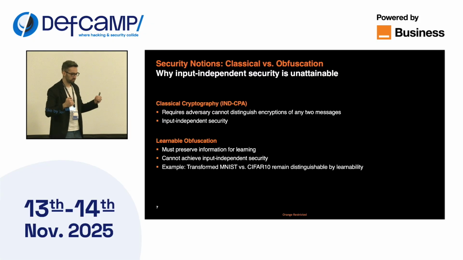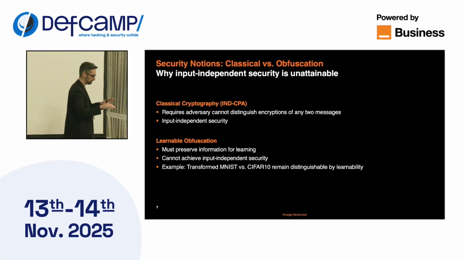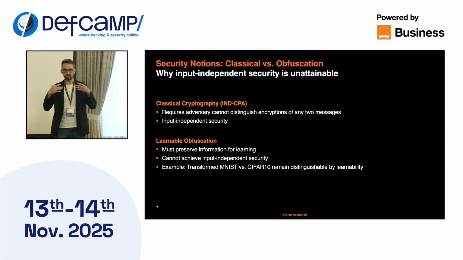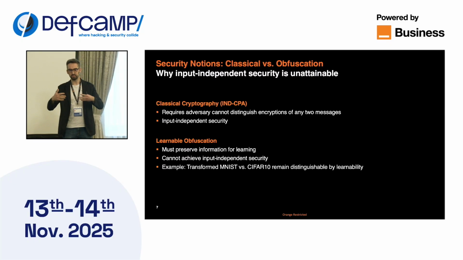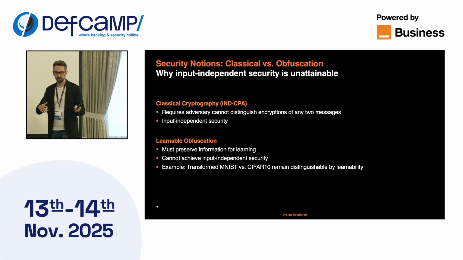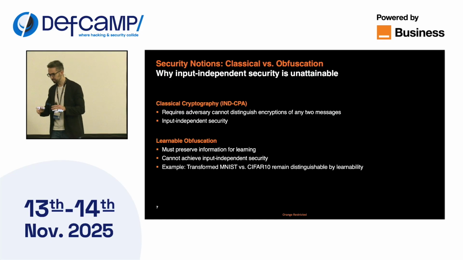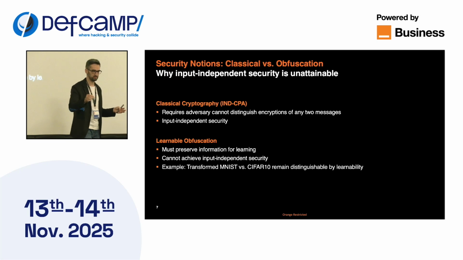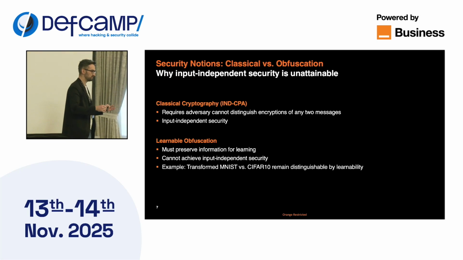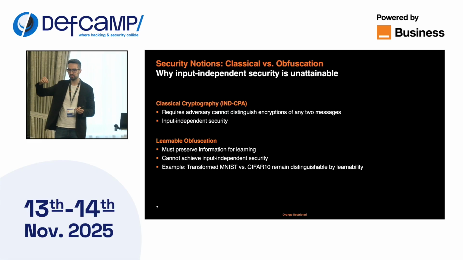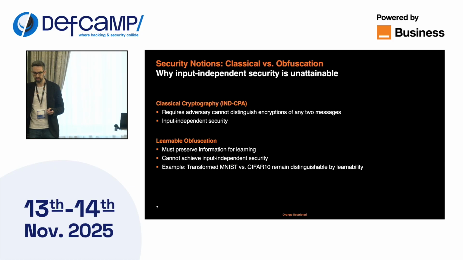Now, in learnable obfuscation, think about these scenarios. I train using a learnable obfuscation method, either on the MNIST dataset or the CIFAR-10 dataset. MNIST is a very simple dataset. It's a dataset with handwritten digits. The images are grayscale, and usually with very simple learning algorithms, we get accuracy like 99% and so on.